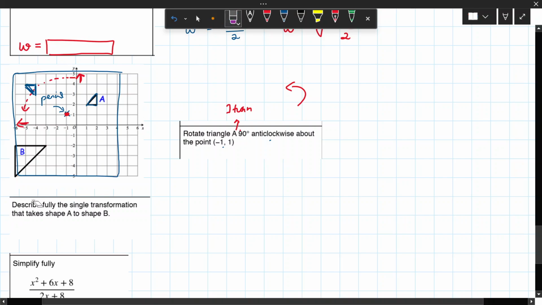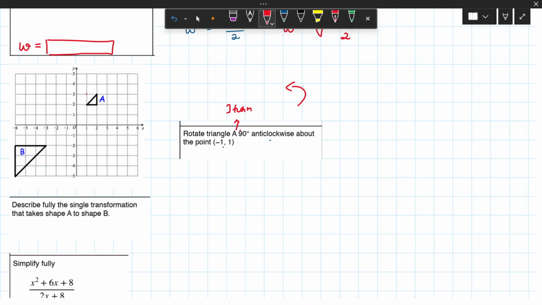But to do the next one, we do not really need the tracing paper. It says describe fully the single transformation that takes shape A to shape B. What we notice is if you look at shape A and shape B, they look similar, but they have become bigger.